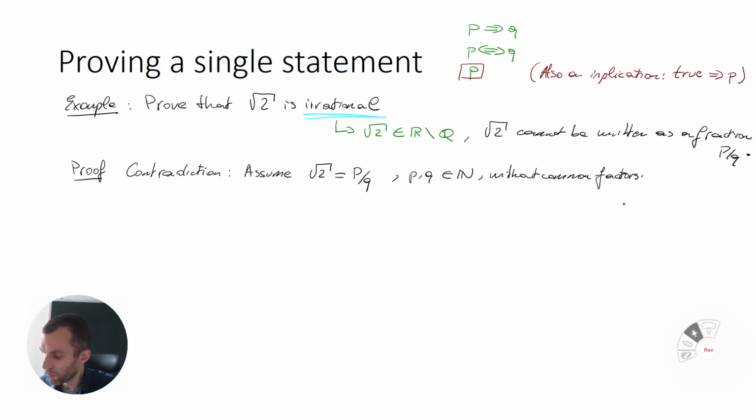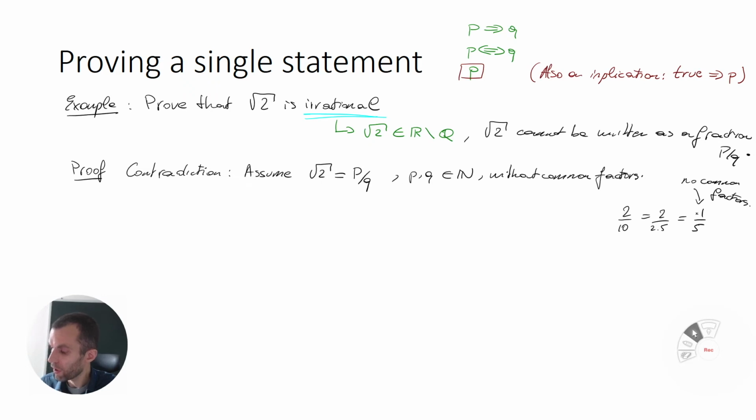So for instance, if I write 2 divided by 10, that is a fraction, but the numerator and the denominator have a common factor 2, and I can simplify this as 1 over 5. So 1 over 5 is a fraction that has no common factors.